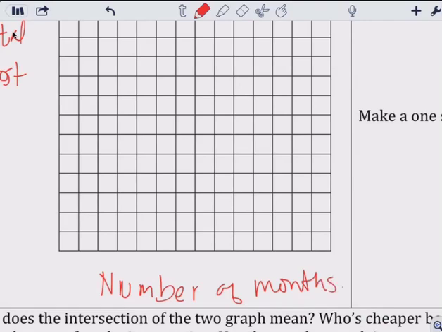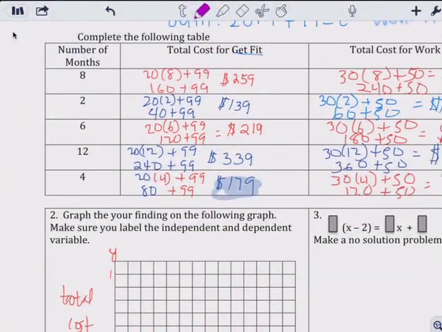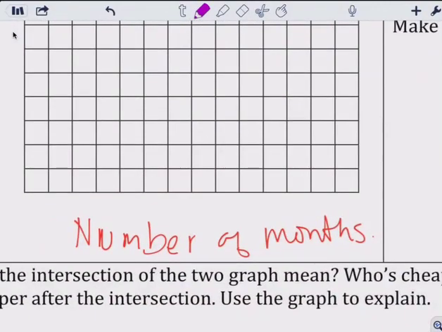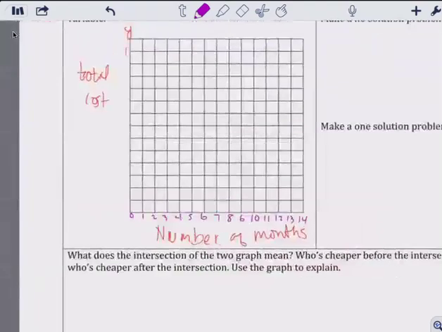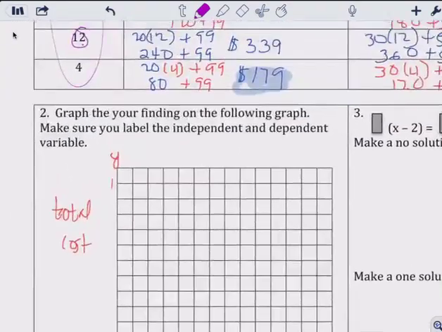Now we need to number them. In order to number them, we need to take the highest here, 12. Is there enough boxes for 12? 0, 1, 2, 3, 4, 5, 6, 7, 8, 9, 10, 11, 12. 14. So we can use an interval of 1 for the number of months, right?